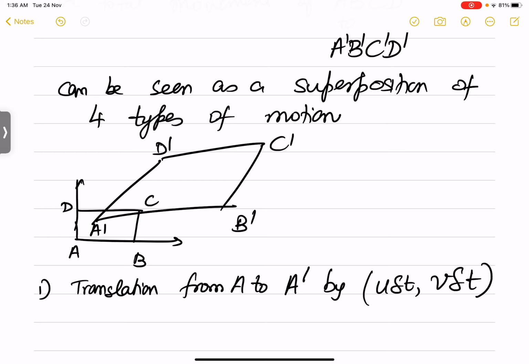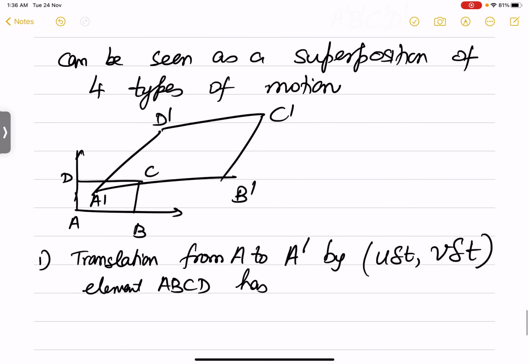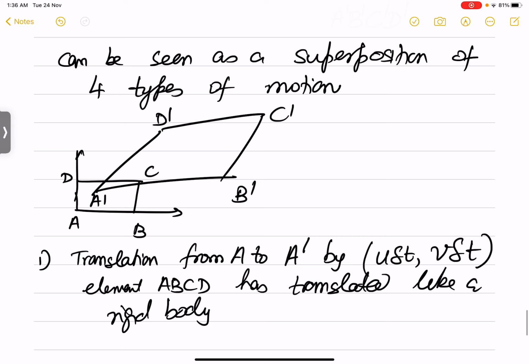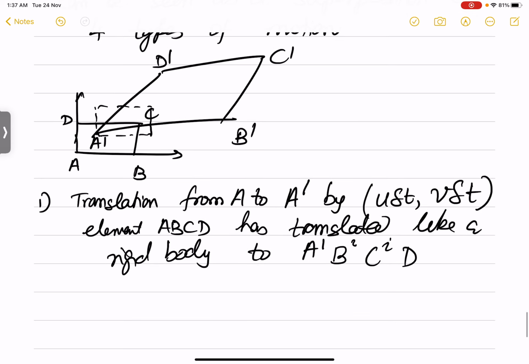So first we can think of this whole element ABCD as having translated like a rigid body with no rotation to A prime, and the other points, which we can call B1, C1, so basically it will look like this whole element has translated from its original location to this one.